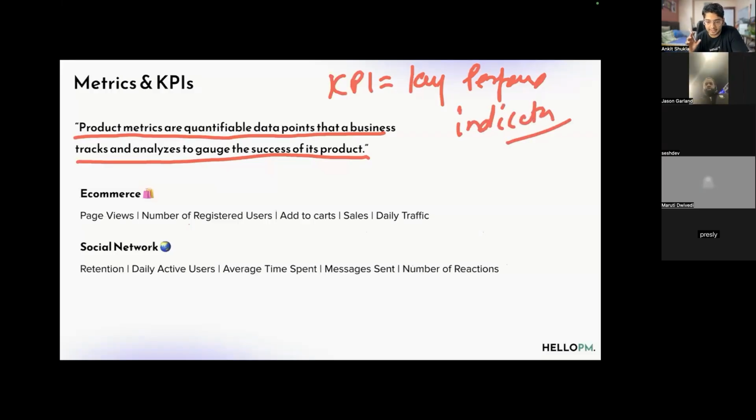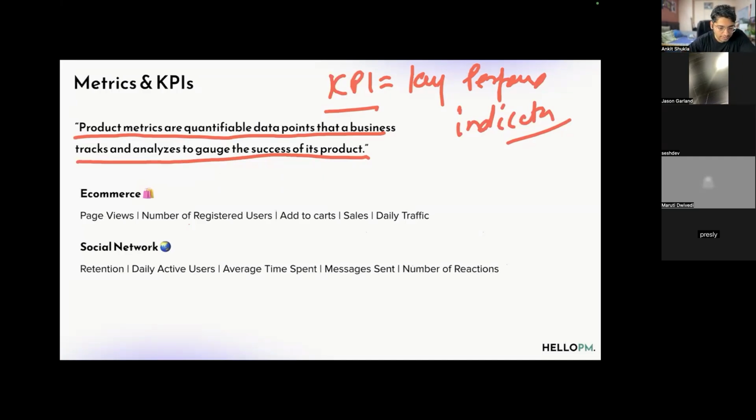These are important metrics that show whether your product is able to give the business some kind of success or not. Does it relate to business success or not? While a metric is anything that you can measure. So every KPI is a metric, but every metric is not a KPI. A quick yes or no, everyone, if you are able to understand this sentence.